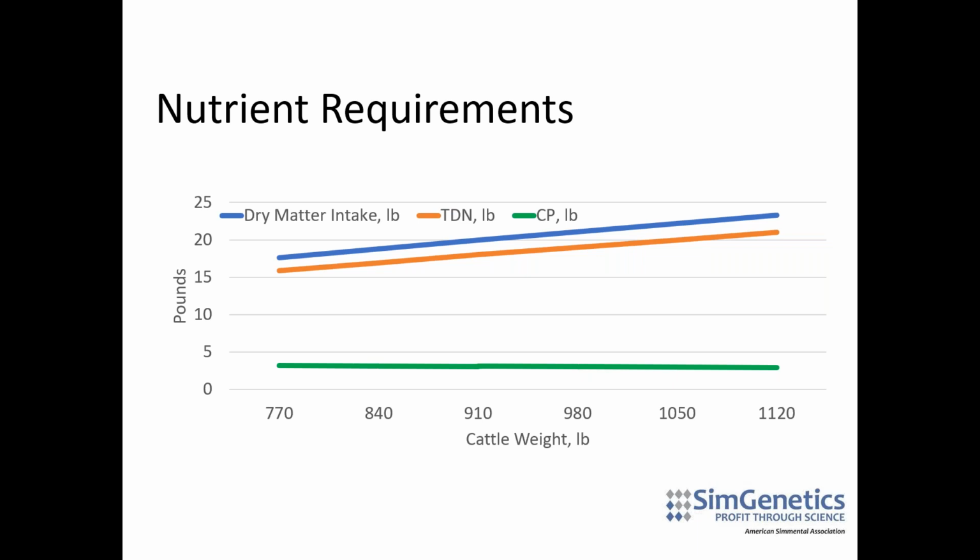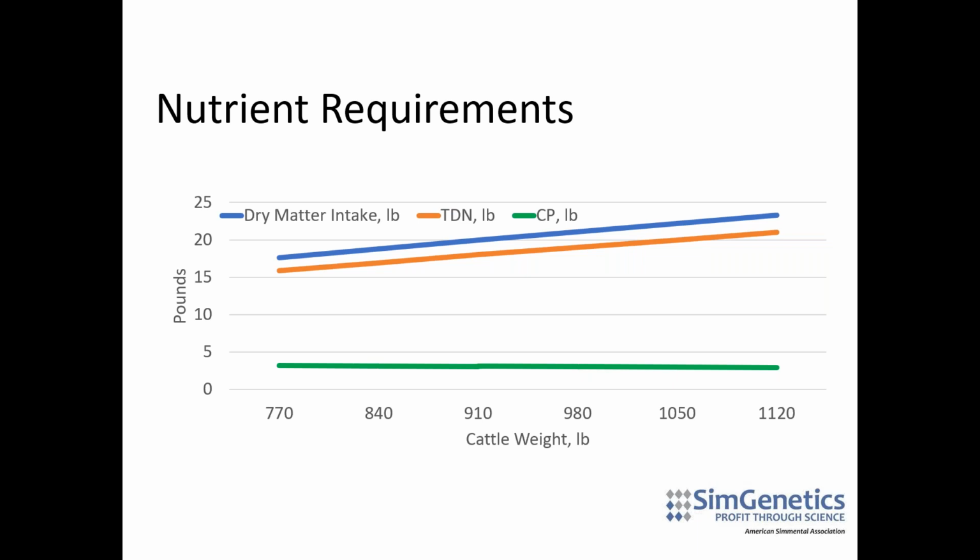You can see that it's pretty steady. There's a slight decrease as they continue to grow. And then in the orange color is TDN, or energy. This is total digestible nutrients, which is a measure of energy. You can see energy requirements are increasing.